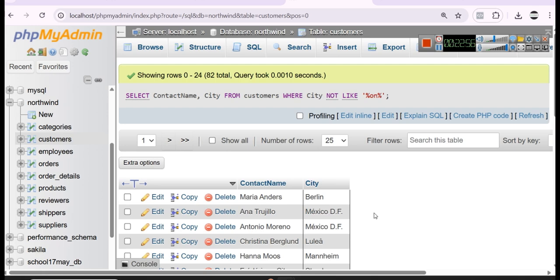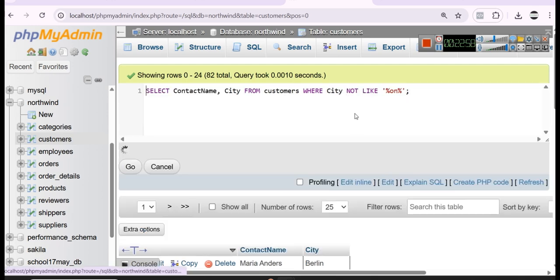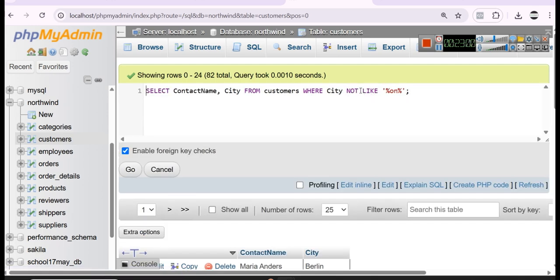And if I write city like O percentage N, what will this mean? Actually, it may be invalid.